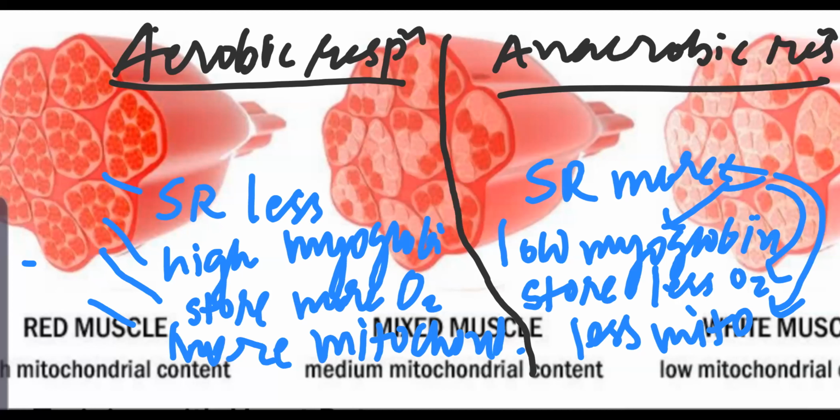A physiotherapist is training an athlete who is preparing for a marathon run. He must be guiding the athlete for developing which muscles? Yes, this time it is supposed to be red muscles.